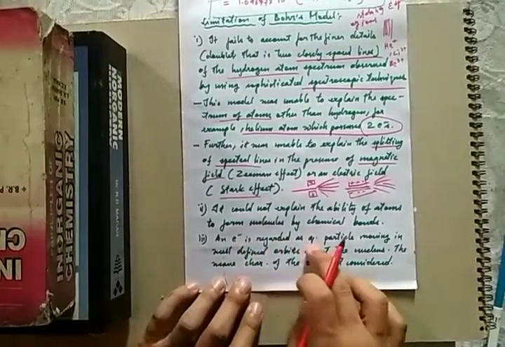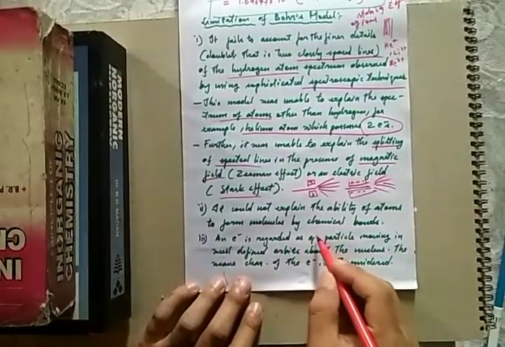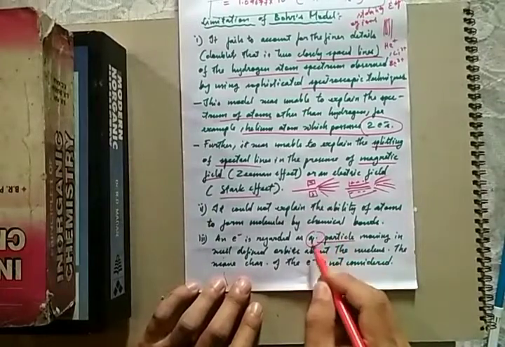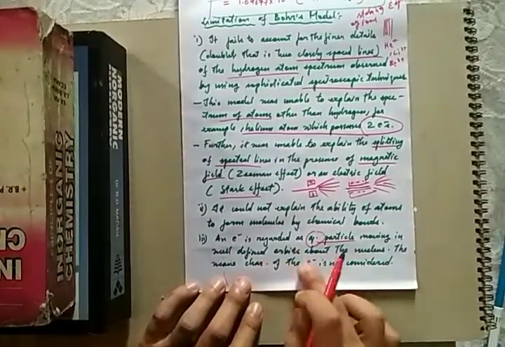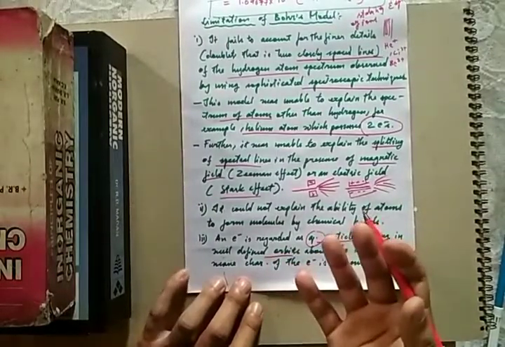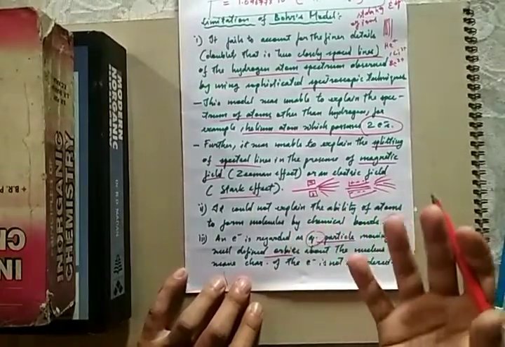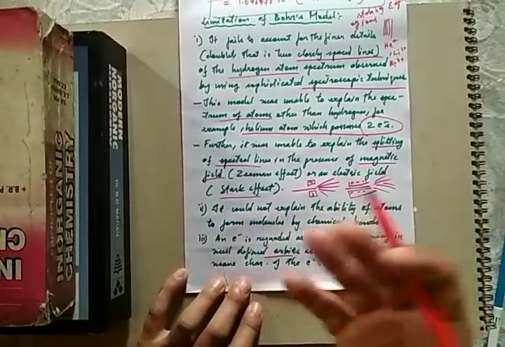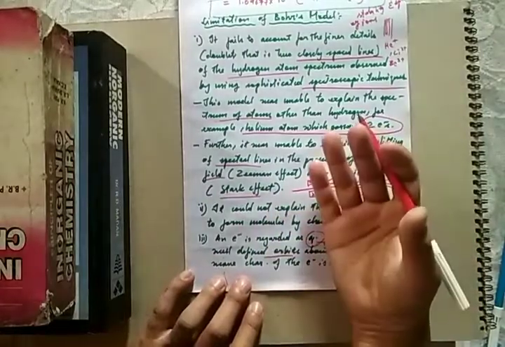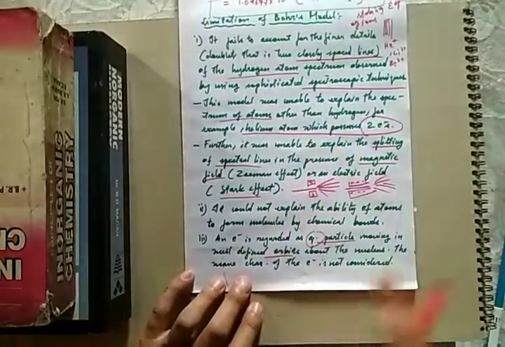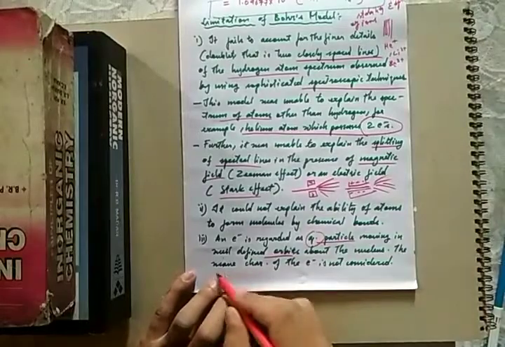An electron is regarded as a charged particle moving in well-defined orbits. So this model has taken into account that the electron is a charged particle, but the wave nature was not considered.